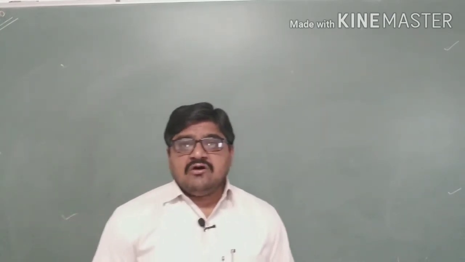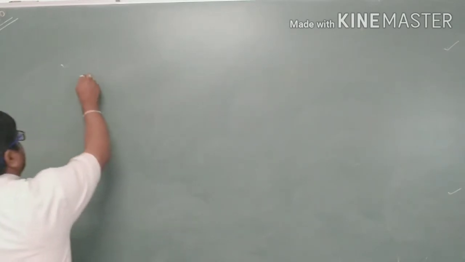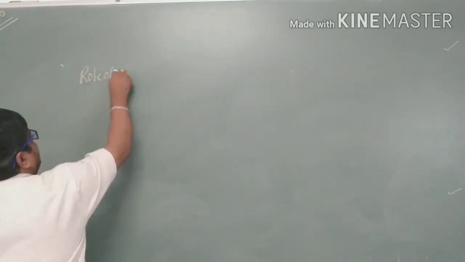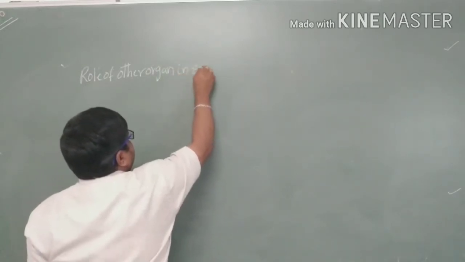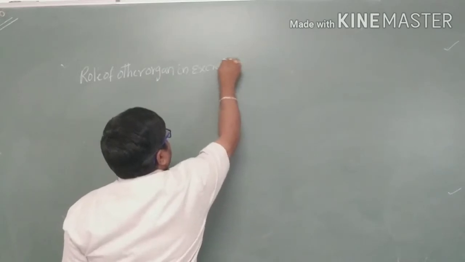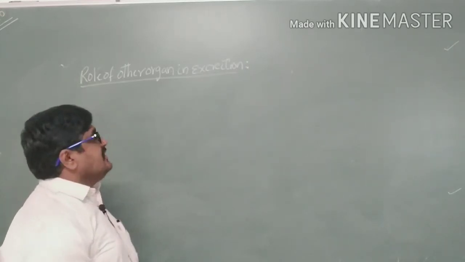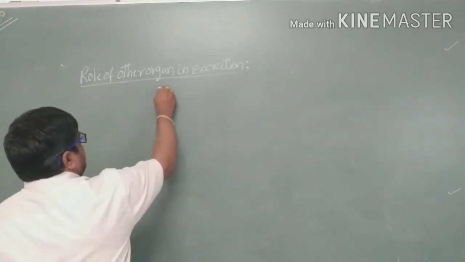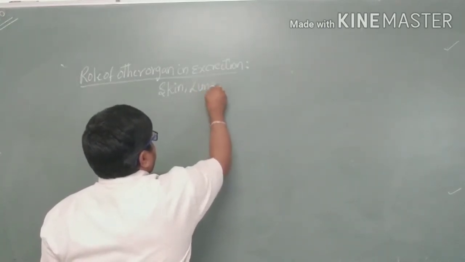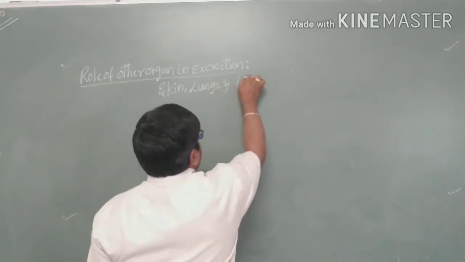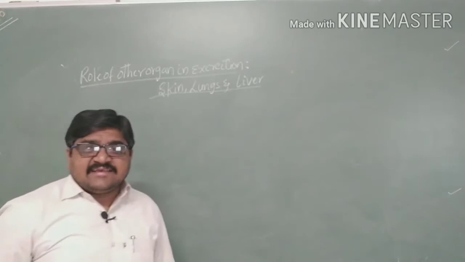Next, the role of other organs in excretion. Besides the kidneys, other organs such as the skin, the lungs, and the liver excrete some other products which act as excretory products.